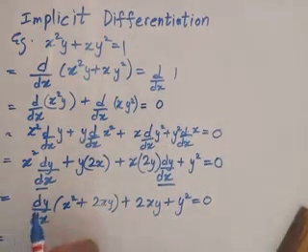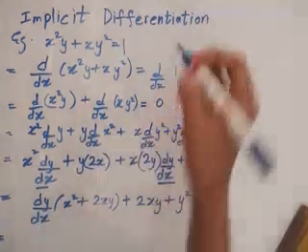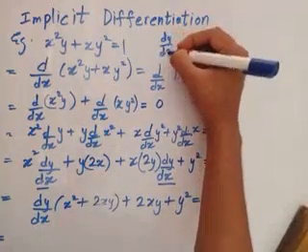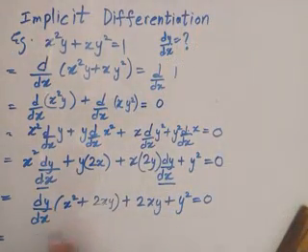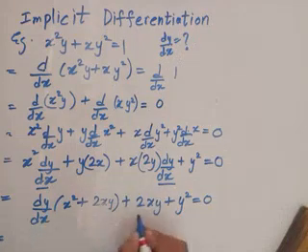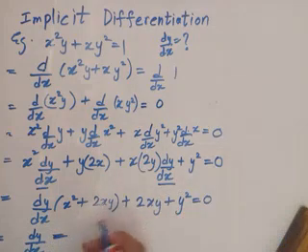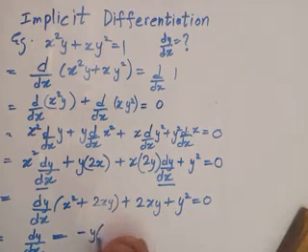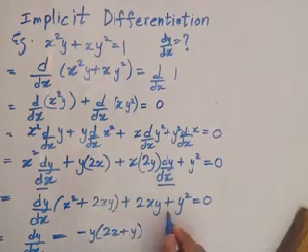Now, since what I wanted to find is the derivative of y with respect to x, okay, so let me just write it here, and we need to find the derivative of y with respect to x. I can just separate the terms. So if I take this entire term to the right side of the equation, I get minus y, 2x plus y. Okay, so I've just taken y common out.